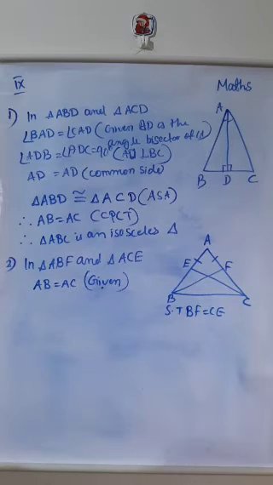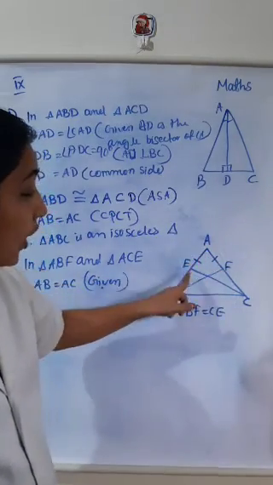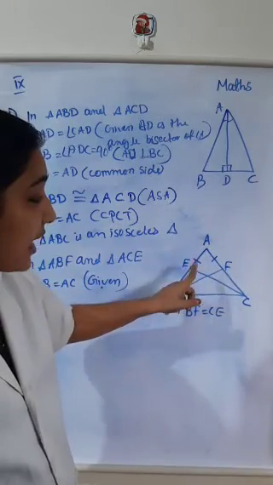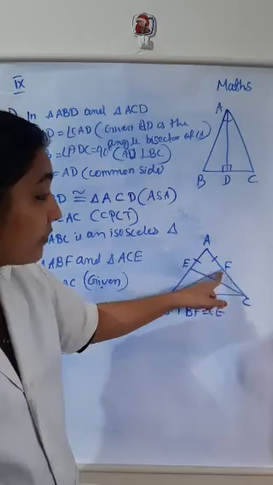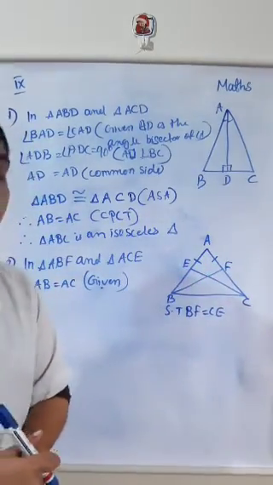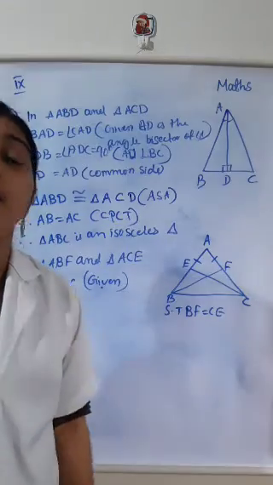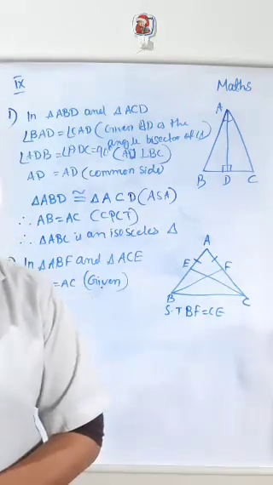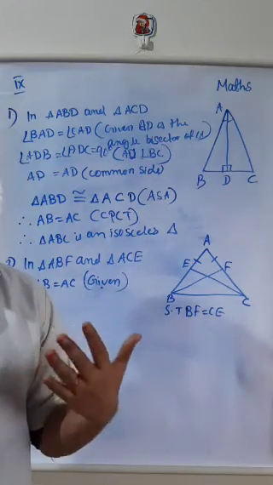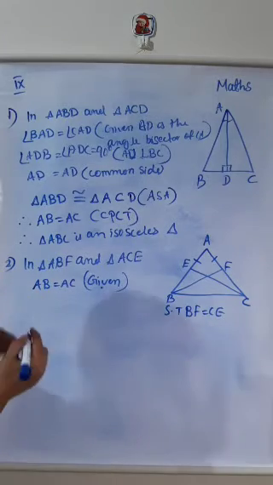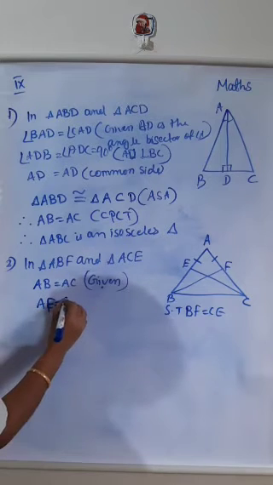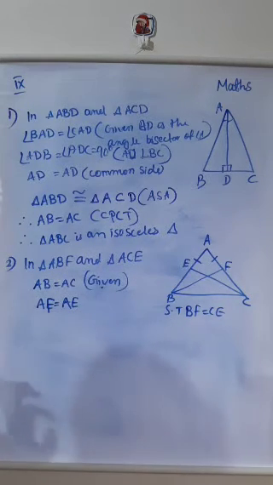Then AF is equal to AE. AF is a side in triangle ABF and AE is a side in triangle ACE. Given that E and F are the midpoints of AB and AC, and AB and AC are equal, so their halves are also equal. So AF is equal to AE.